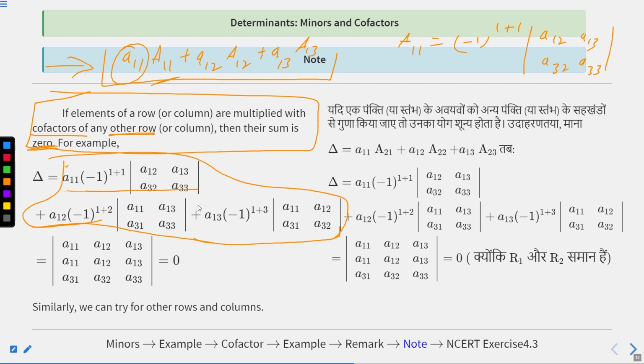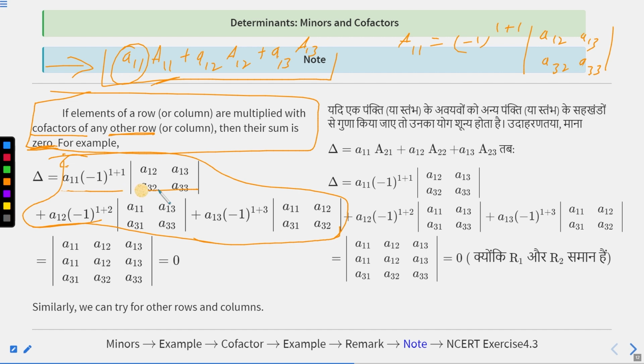As you can see, if elements of a row are multiplied with cofactors of any other row, then their sum is 0. What this is saying is quite simple.